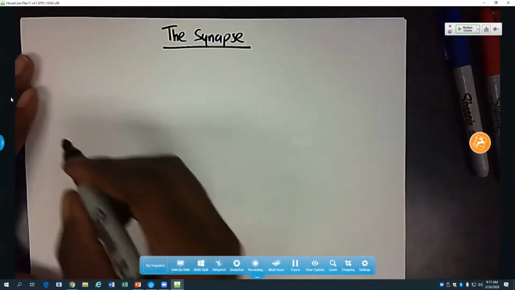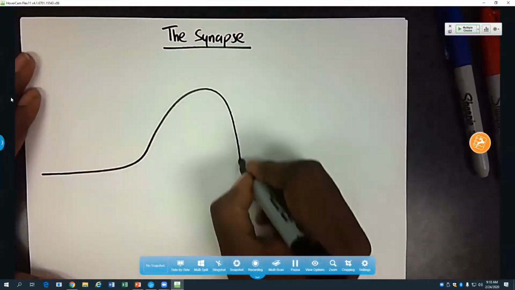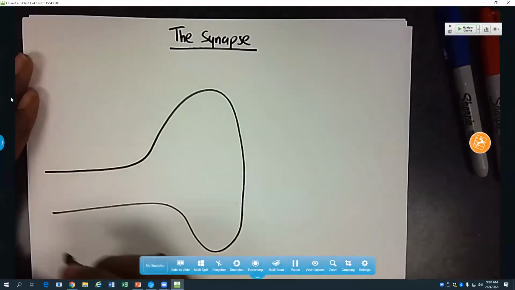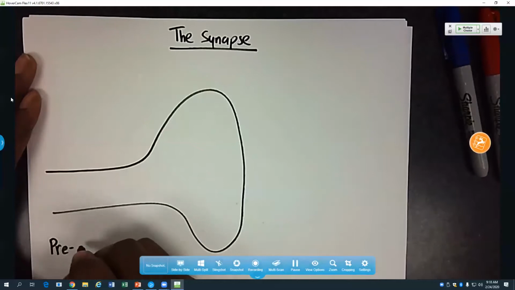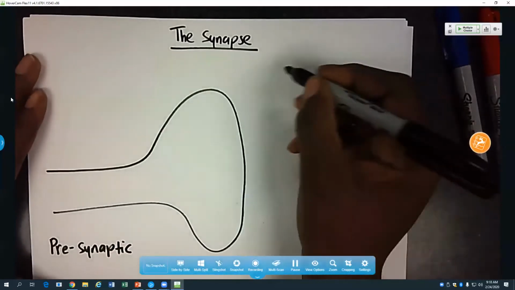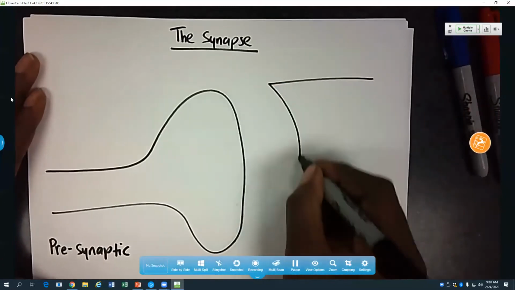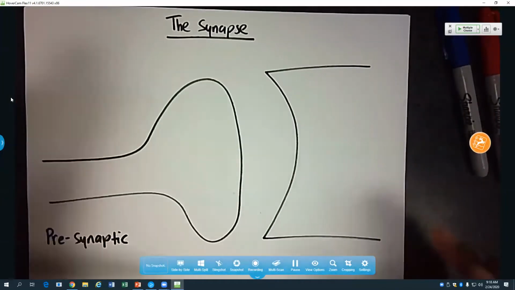Okay, and we spoke about two neurons, that first neuron being the presynaptic neuron, and then the second neuron in question being the postsynaptic neuron.